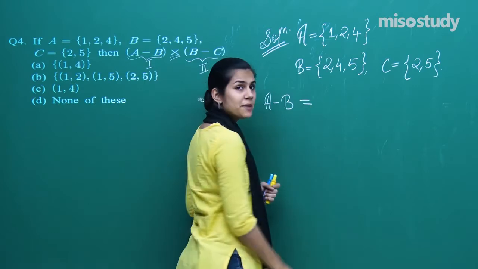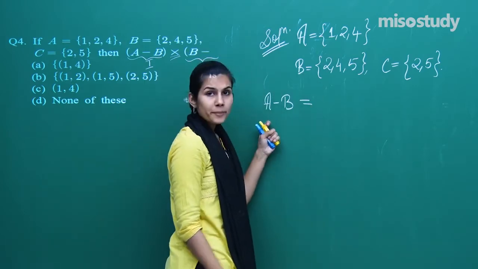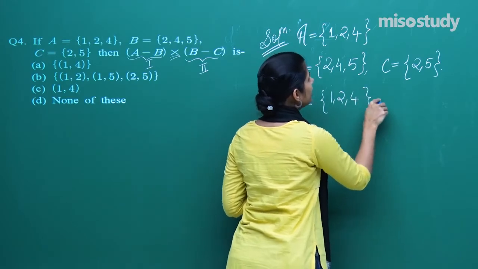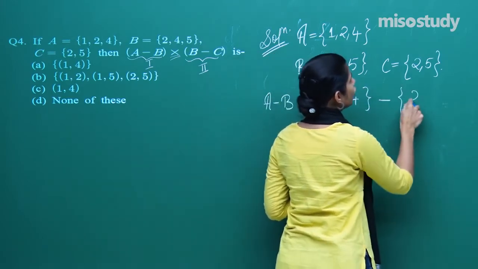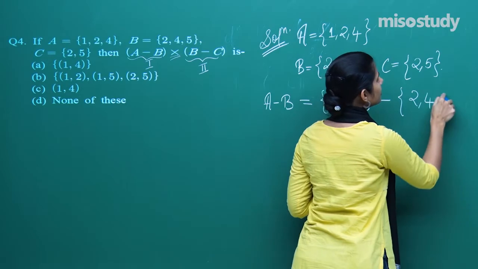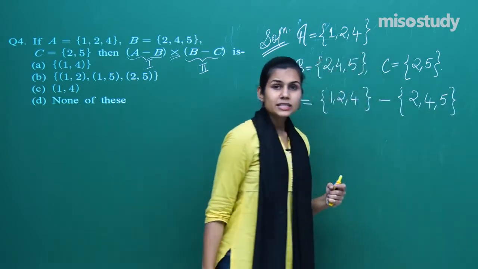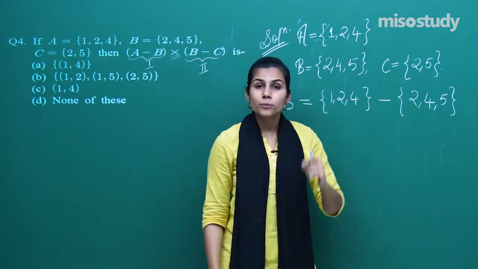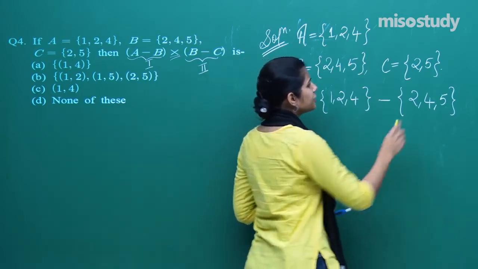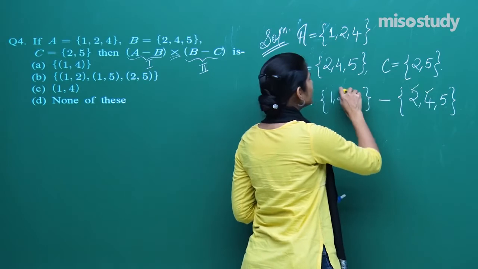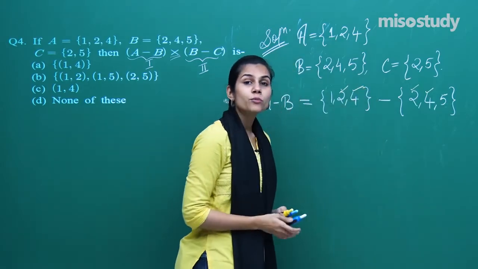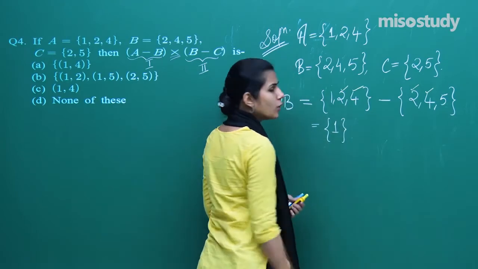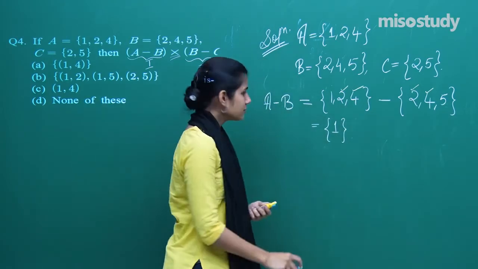Let's see what A minus B is. That means from A, which is 1, 2 and 4, remove the contribution of B. That means if there are any members of B sitting inside set A, remove them. Inside set B sit 2 and 4 which are sitting in set A. So remove 2 and 4 from A to get A minus B, which is the singleton 1.